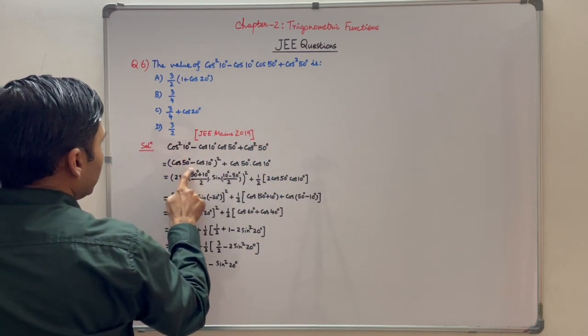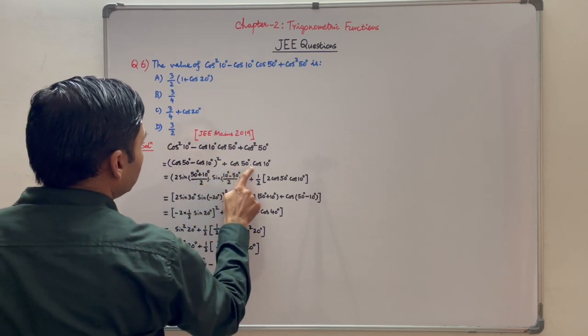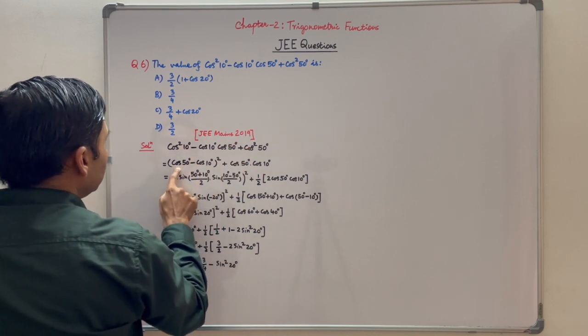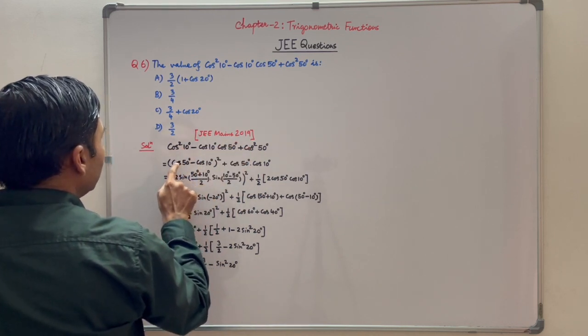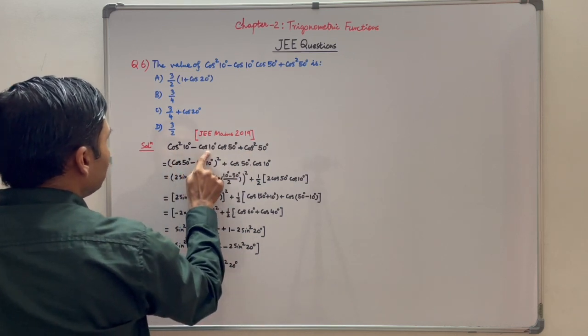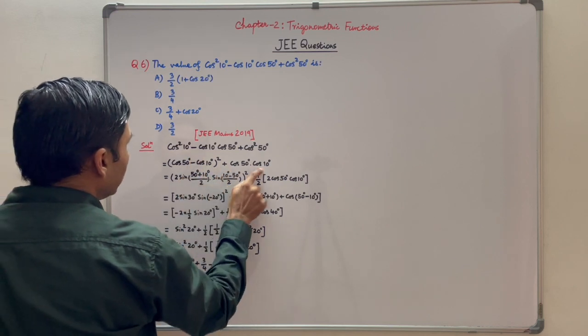(Cos 50 degree minus cos 10 degree) whole square plus cos 50 degree into cos 10 degree is equivalent to this. When this is expanded, it will be a square plus b square minus 2ab. But here it is minus ab, so we have to add ab.